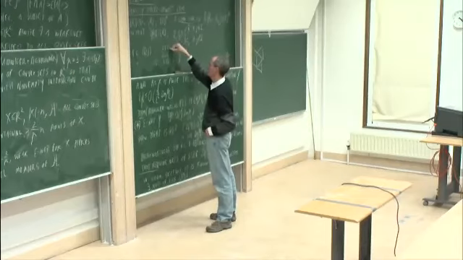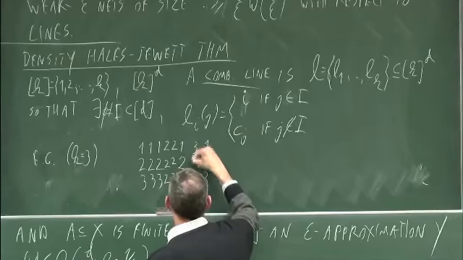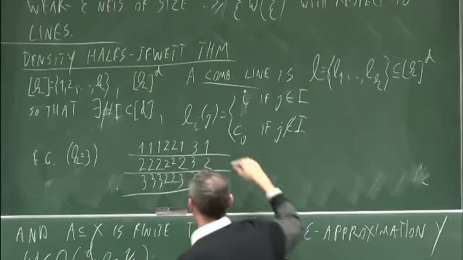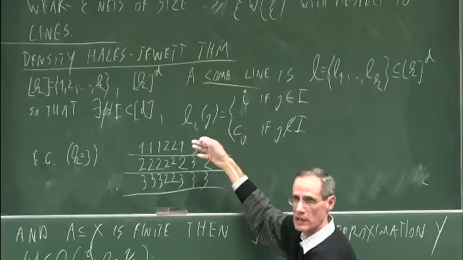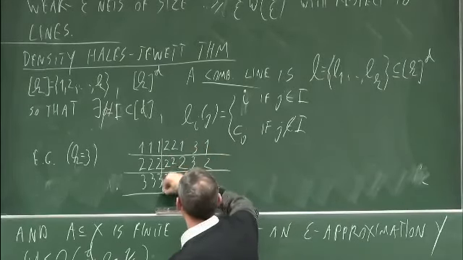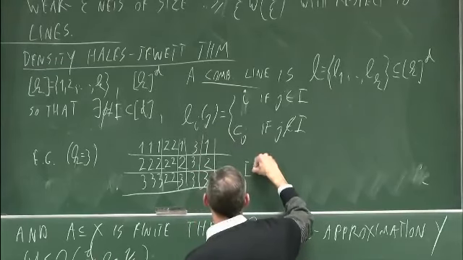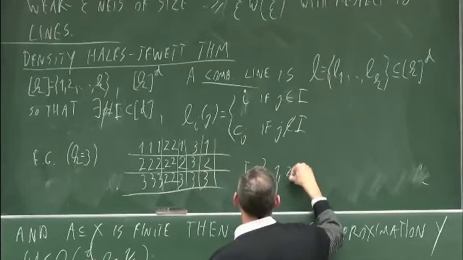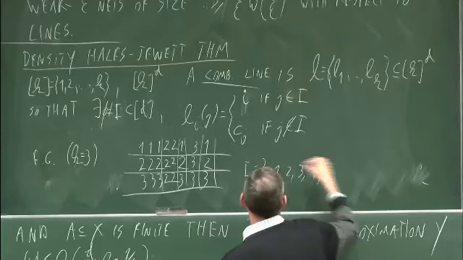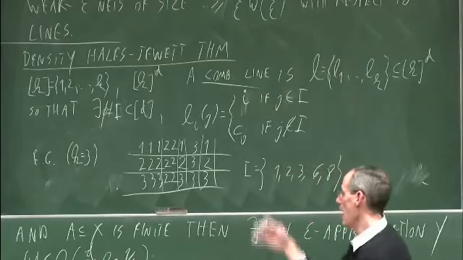Maybe this one is 2, and this one is also 2, and this one is 3. So the rows are the 3 points of a combinatorial line. And here I is the coordinates 1, 2, 3, 6, 8, maybe.